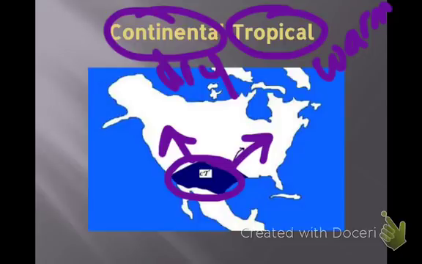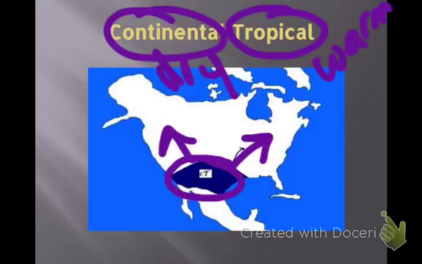Okay, so those are the 4 different types. So you've got to remember, maritime means wet, continental means dry, and then you have polar, polar bear, cold, tropical, our nice little palm tree that I drew, meaning warm. So if you remember those 4 words, then you can put them together.